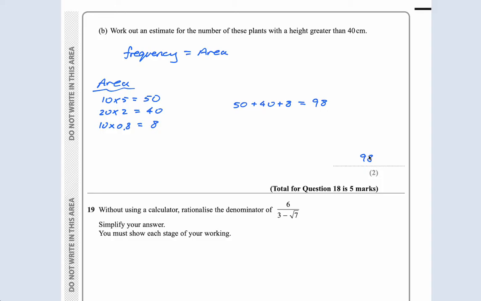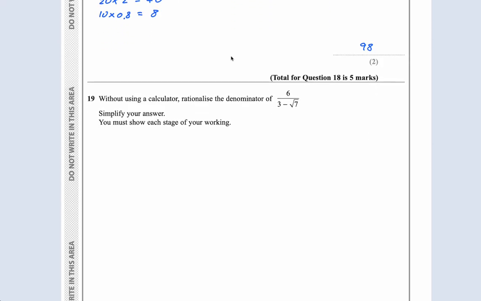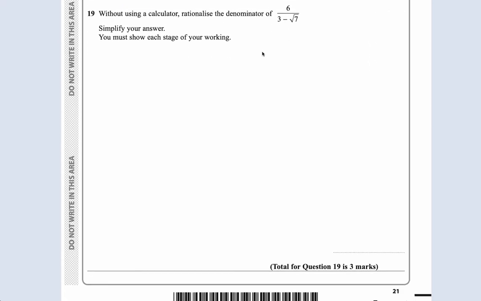Okay, question 19. Without using a calculator, rationalize the denominator of this. Simplify your answer, show your working. Okay, another question, guys, that I think is not easy, but very familiar. If you've practiced enough of these, it shouldn't cause too much of a problem.